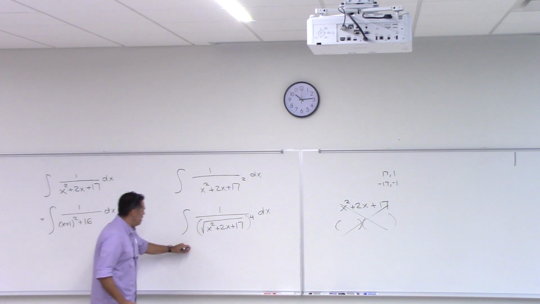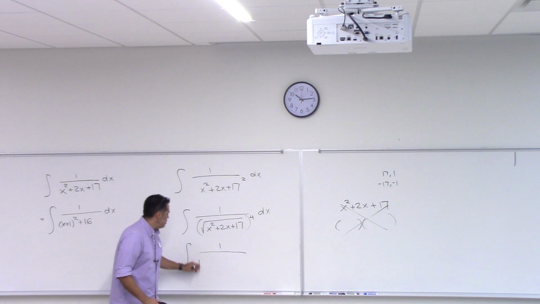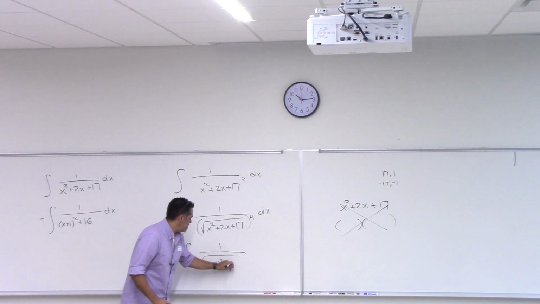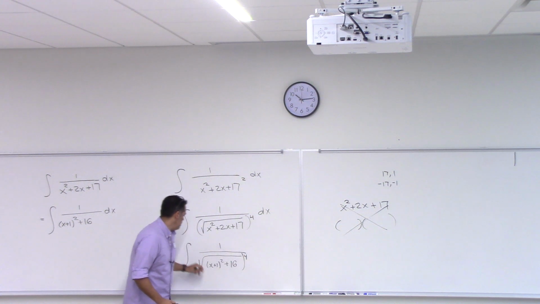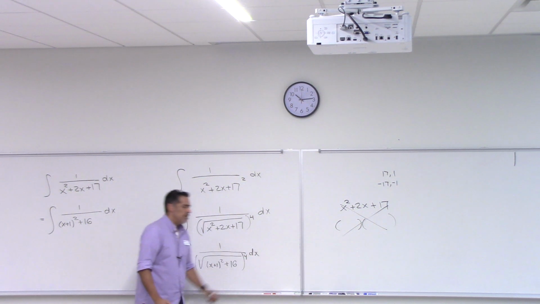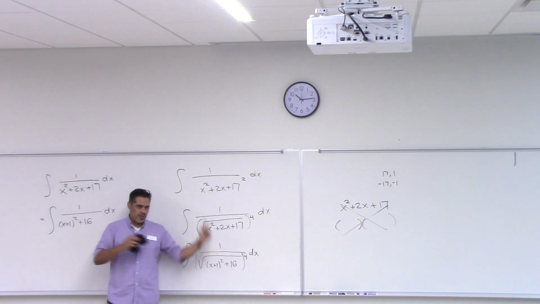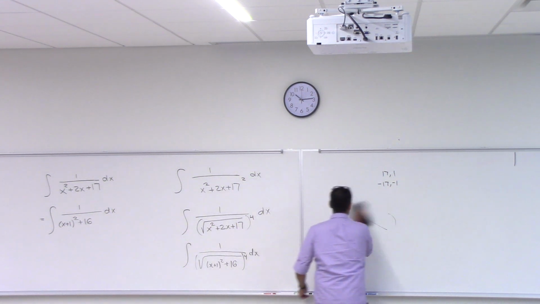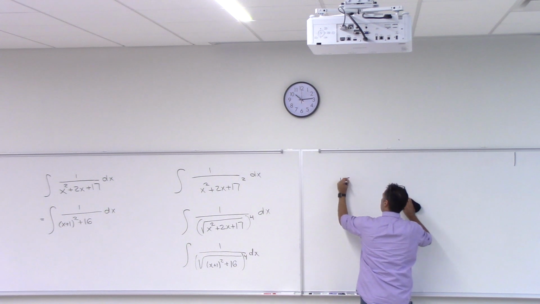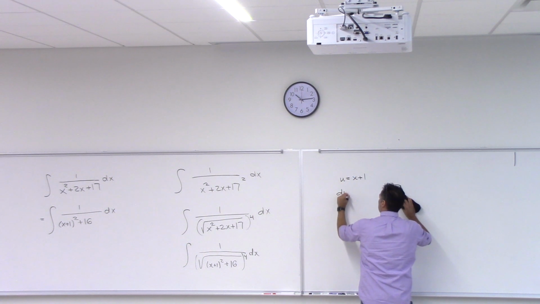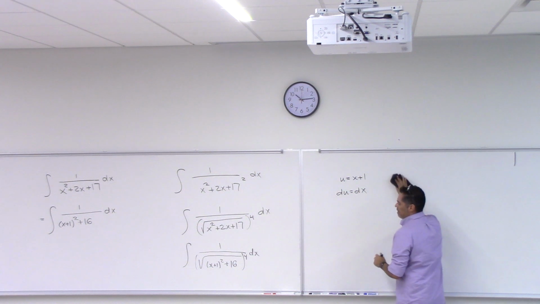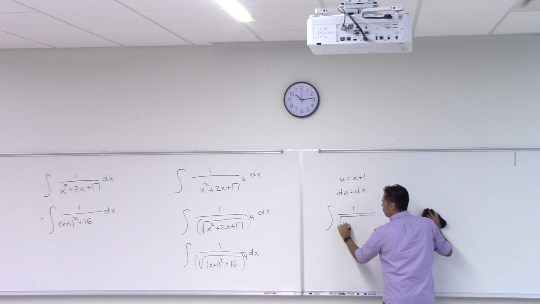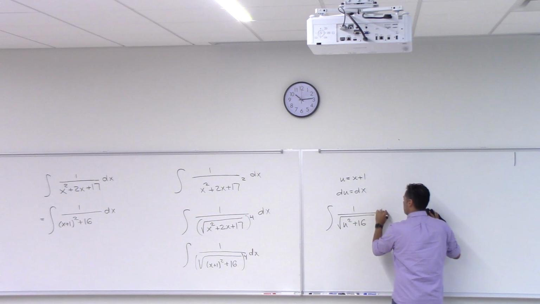So this would turn into the square root of x plus 1 squared plus 16, all of that to the 4th power, dx. Now, because we complete the square, right? And now just make a basic u sub here. What would your u sub be? x plus 1. And the nice thing is du is dx, right? And now if you rewrite the problem, we have the integral of 1 over the square root of u squared plus 16 du.